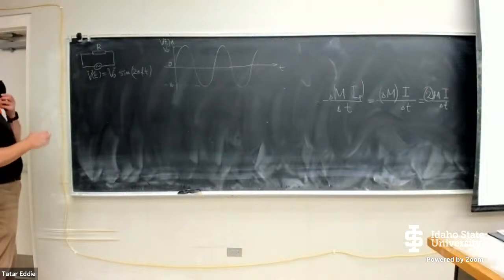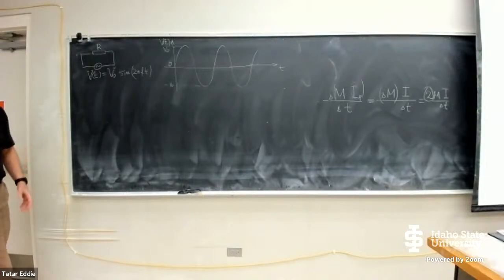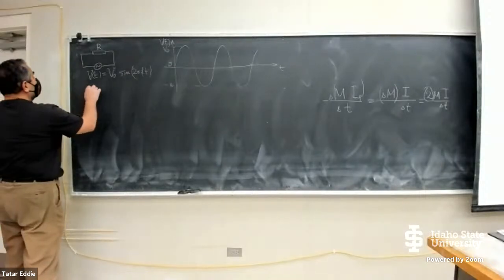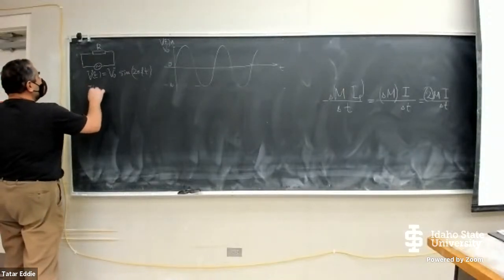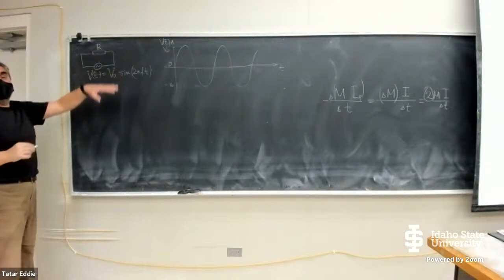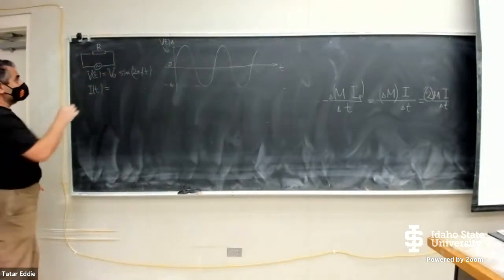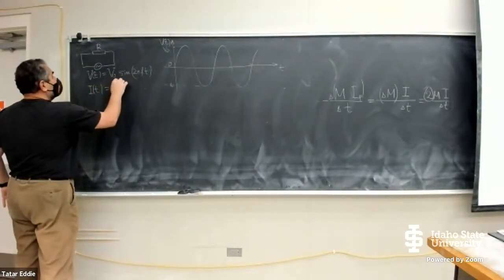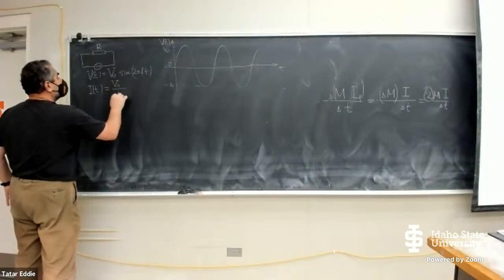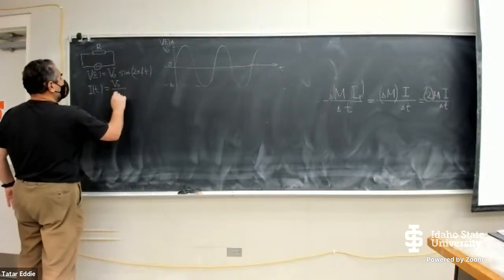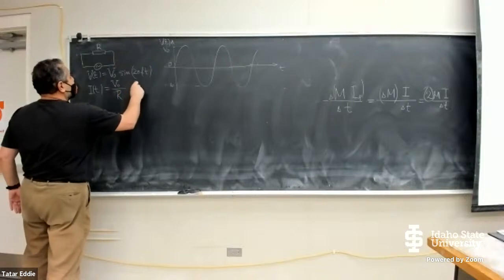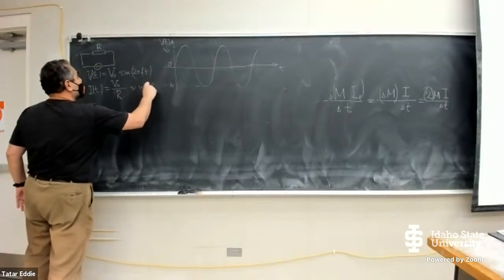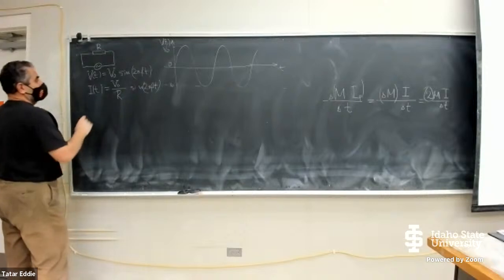We said that because of Ohm's law, the current at any moment of time is just the voltage divided by the resistance. In other words, it is V naught divided by resistance R times sine of 2 pi f t.